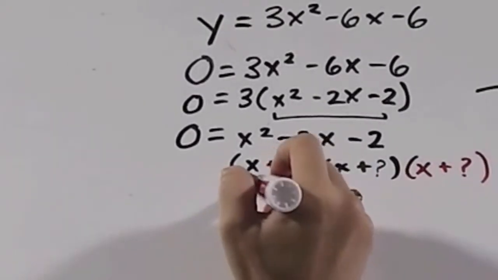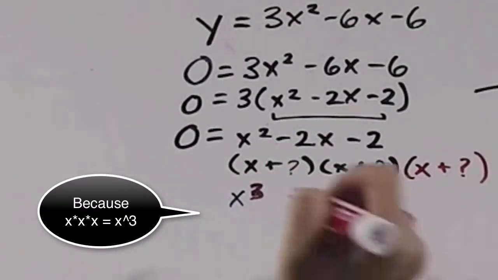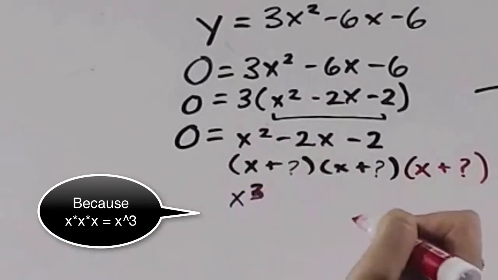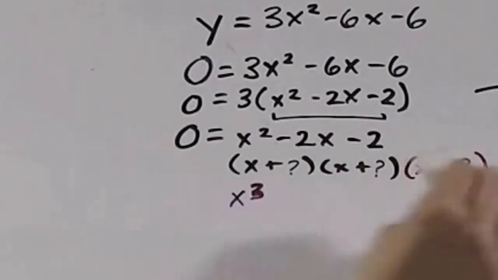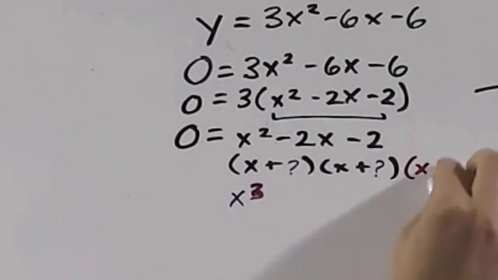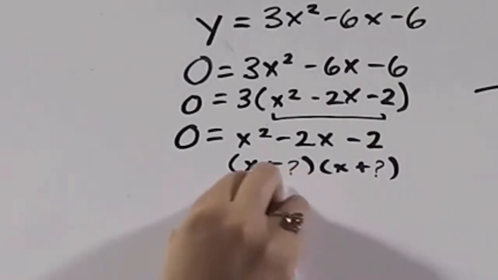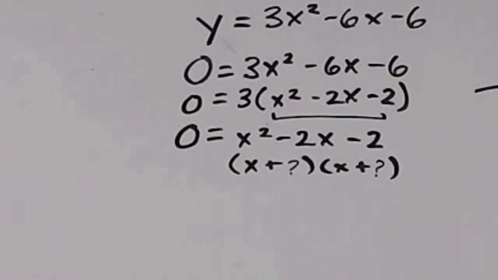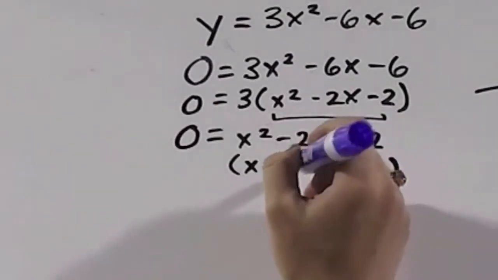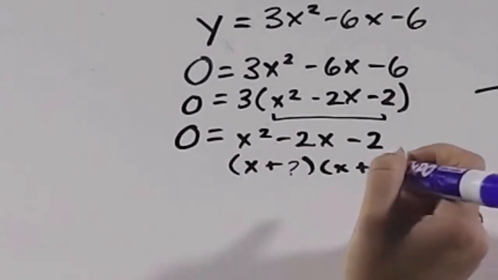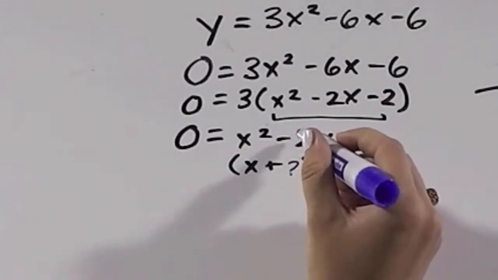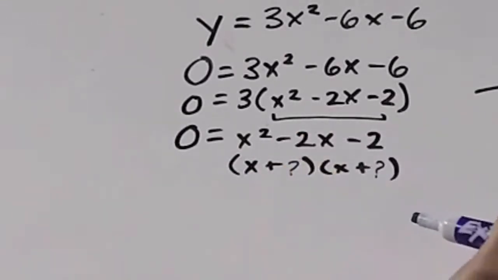Then our highest order would be 3. That wouldn't match up. So that's why we're not looking for anything more than 2 factors, of different possible values, or the same. These two question marks could be the same.